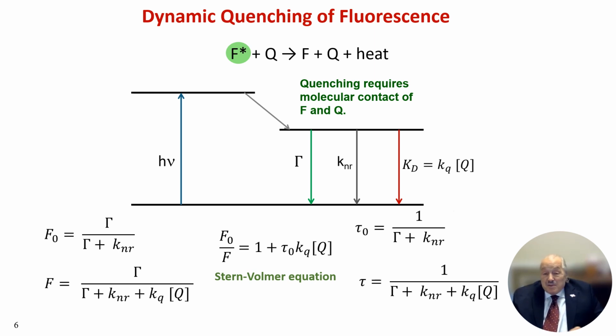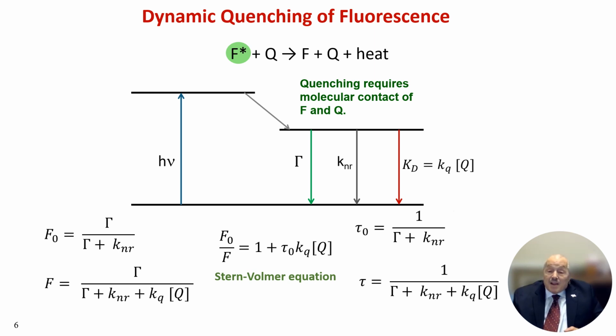And those two decay constants determine the quantum yield, the fraction of the light that radiates relative to the total, which will give you the initial quantum yield. Alternatively, 1 over those two rate constants gives you the lifetime of the fluorophore.